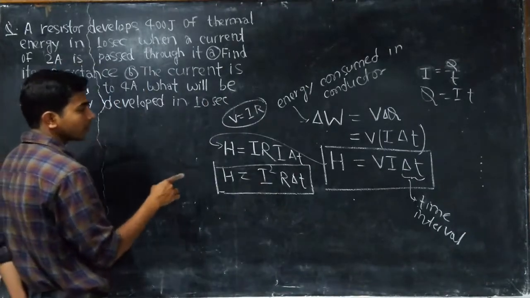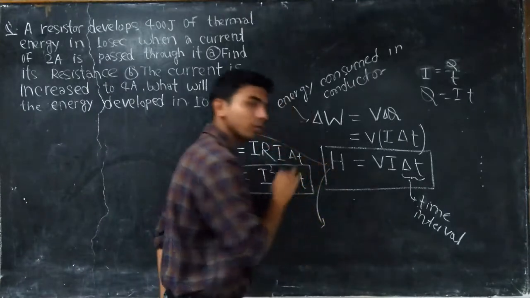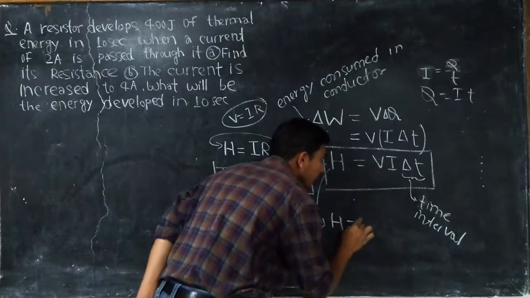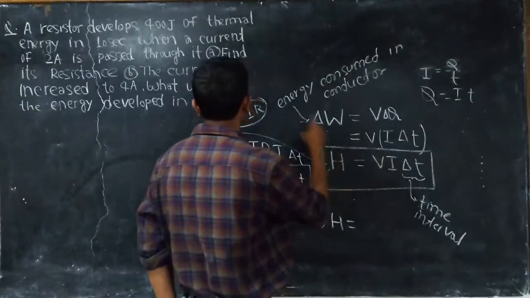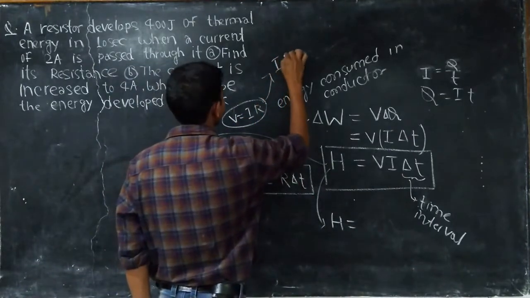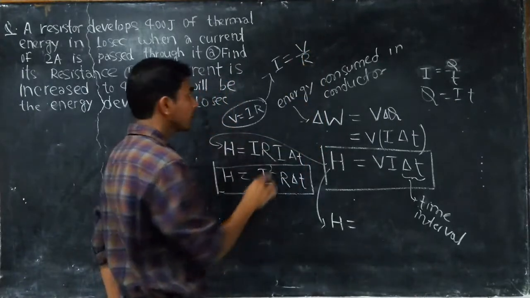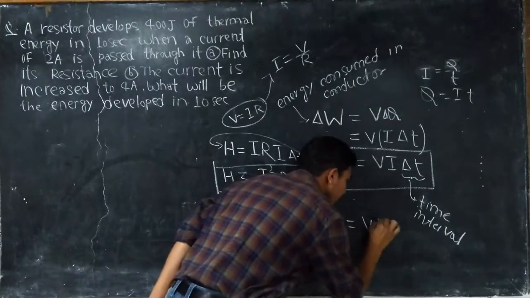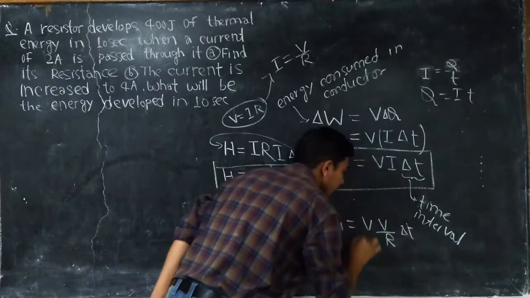And further we can write like this also. From this relation, another formula I am going to derive. So H is equal to, I is equal to V by R, yes or no? So here we can substitute V by R, and this is your delta T, right?